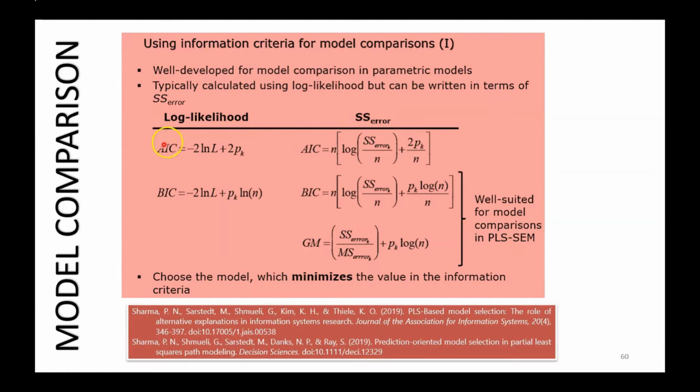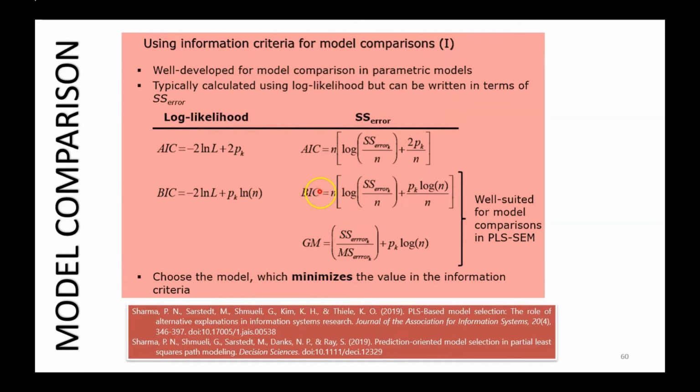Here we have AIC and BIC, which are two popular statistics for model comparison, calculated based on log likelihood statistics. And here we have the same statistics plus GM that have been calculated based on the sum of squared estimates of errors.